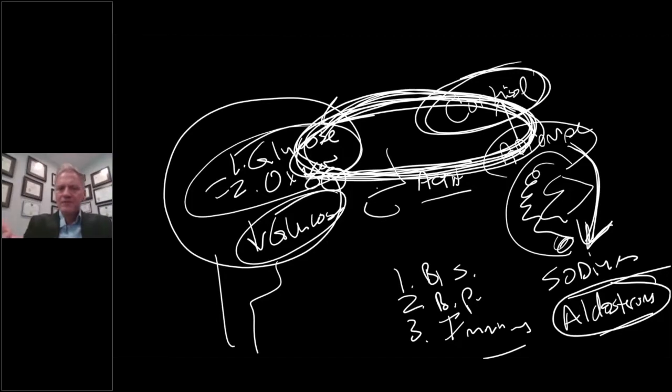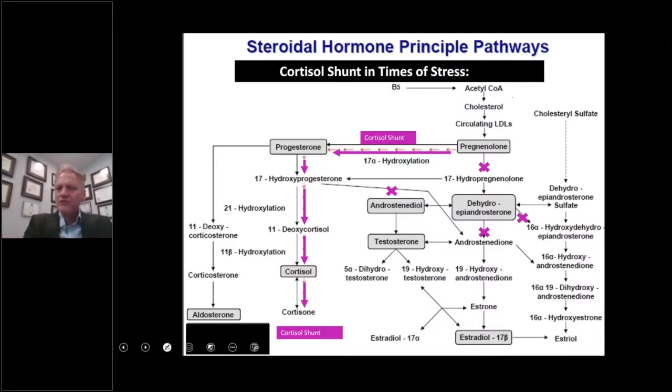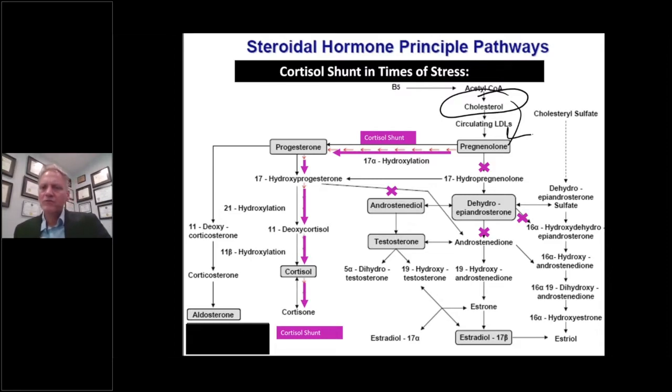So what happens is acetyl-CoA produces cholesterol. Cholesterol goes to the adrenals and is converted into pregnenolone. Pregnenolone, the mother of all hormones, if you will, is supposed to go down this pathway where it's going to make androstenedione, which ultimately is going to lead to testosterone, estrogen, and those hormones.